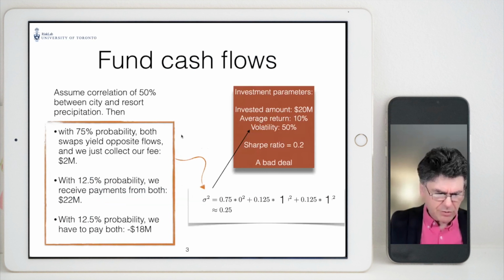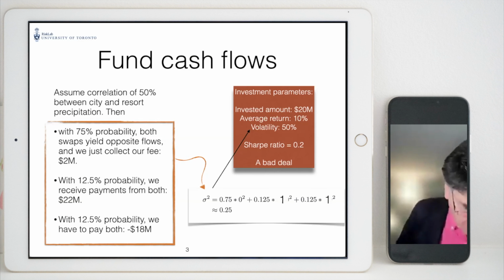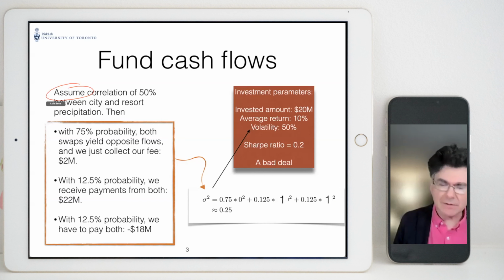if I go to something that we saw a long time ago, remember, I said, assume a correlation when we're looking at the snow fund. We were assuming a correlation of 50% between snow in the city and snow in the ski resort. Remember that?